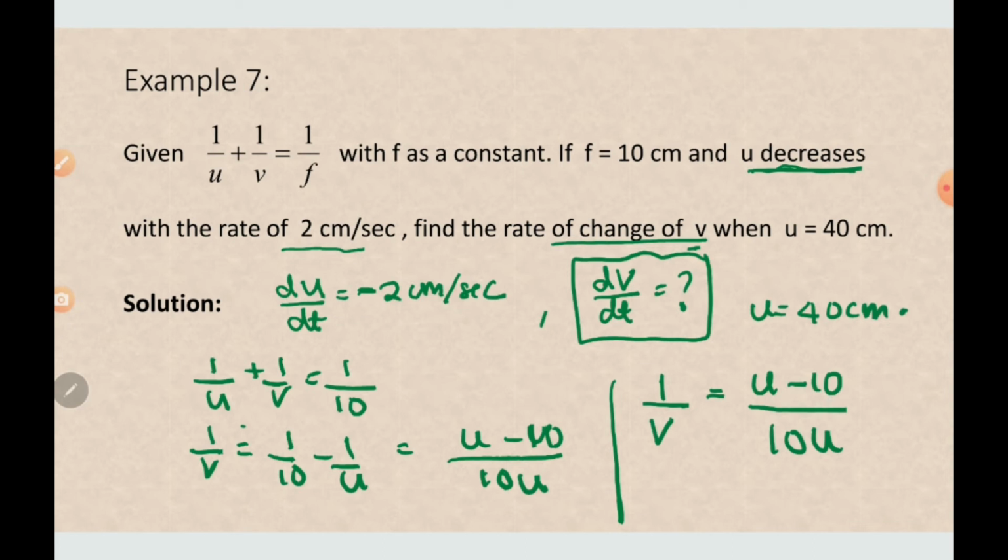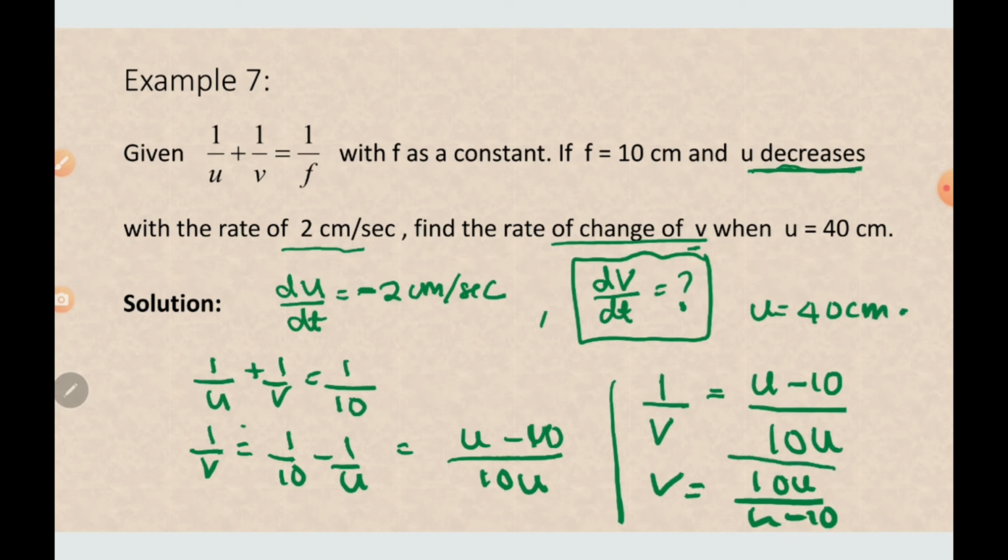Okay, so we want to find out what is dv dt. To find dv dt, we need to find out first what is dv du. So we change to be v is equal to 10u over u minus 10.